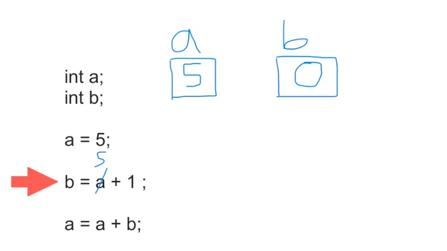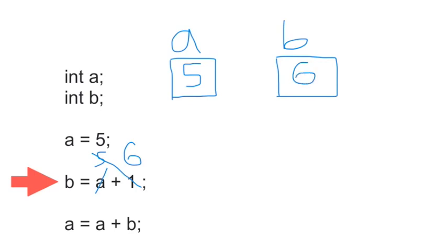And 5 plus 1 evaluates to 6. So really what this statement says is b equals 6. So now the memory location for b, which used to hold 0, will now contain the value 6.